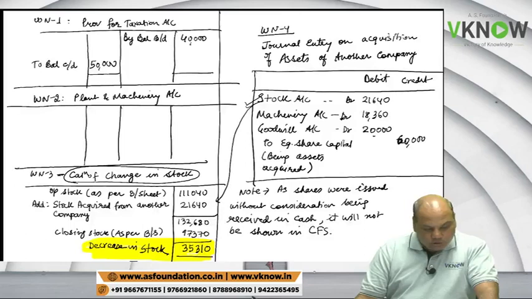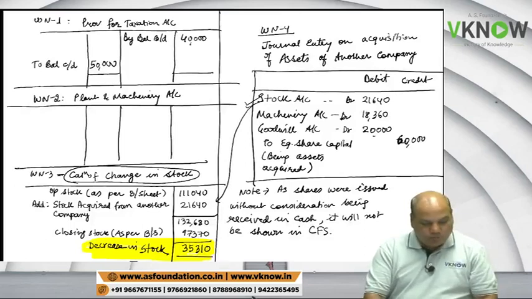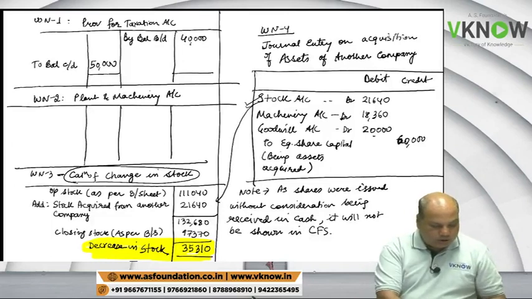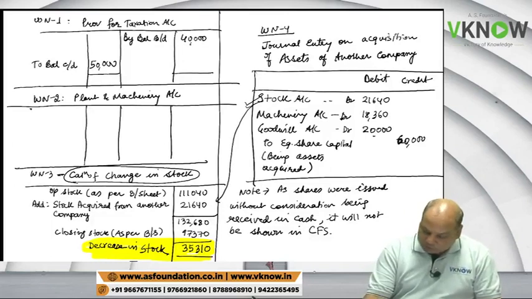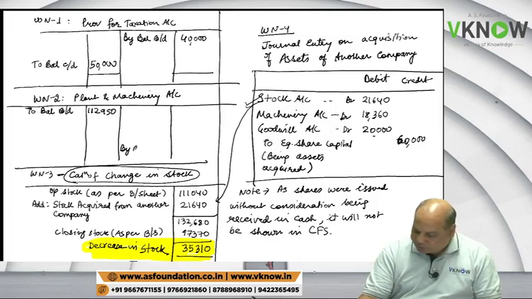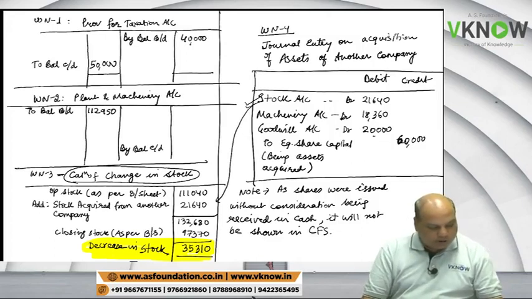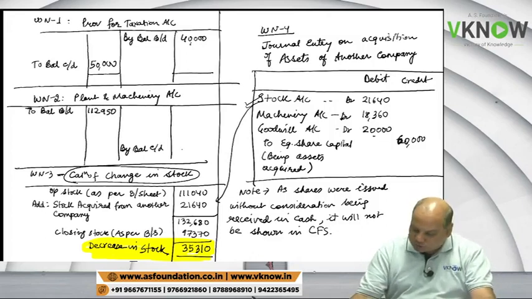Okay, so land and building is over. Come to working note number 2, plant and machinery account. Plant and machinery account, to balance brought down, 112,950. Credit side, by balance carried down, 116,200.